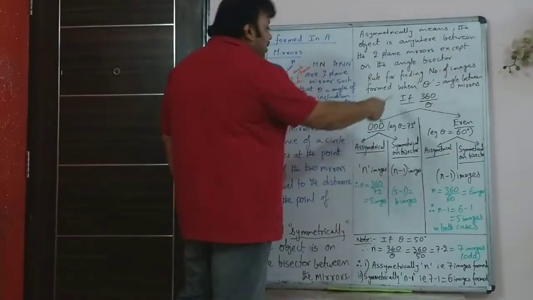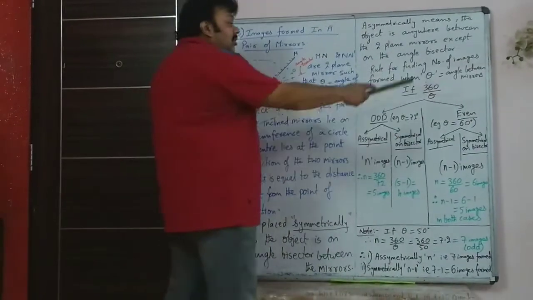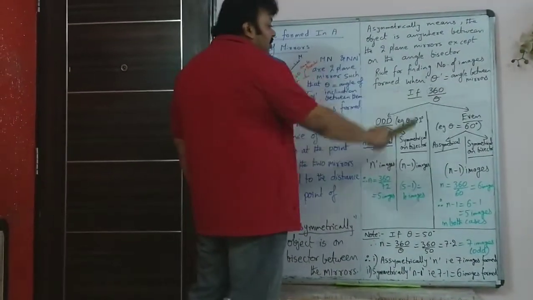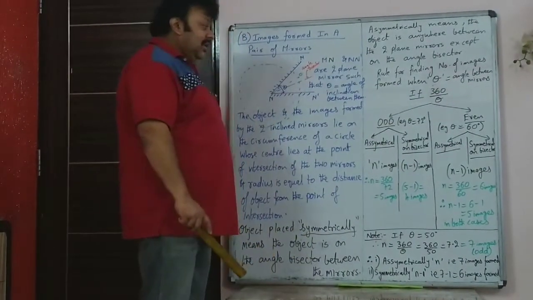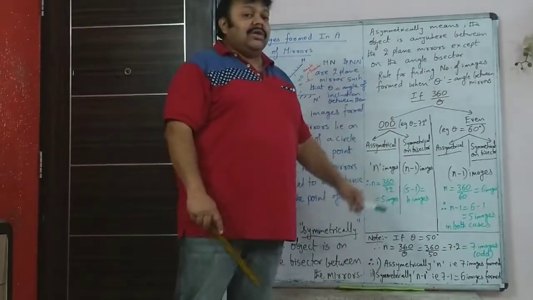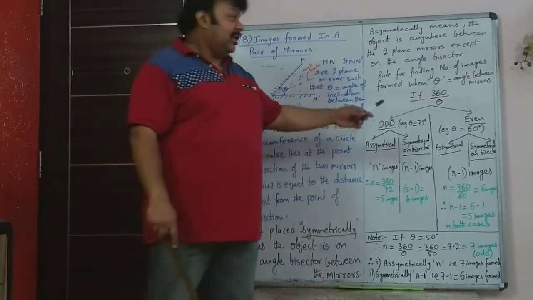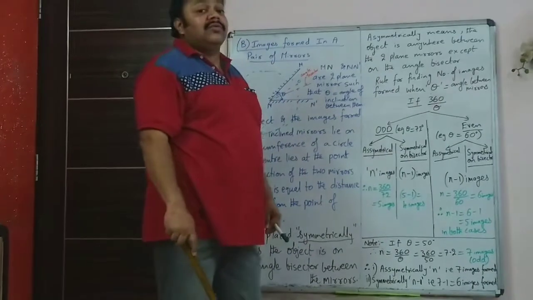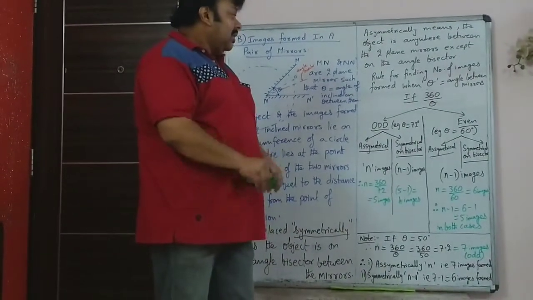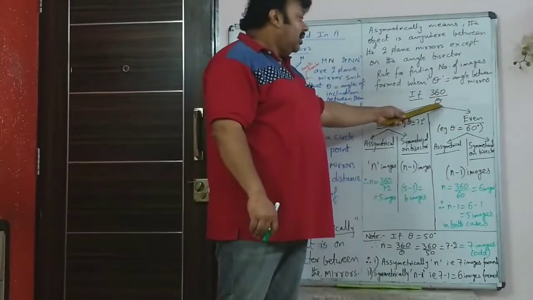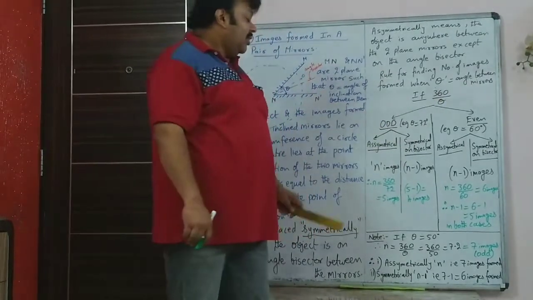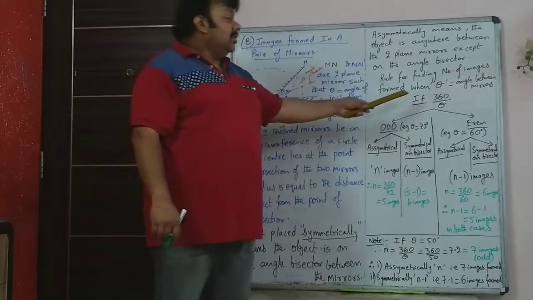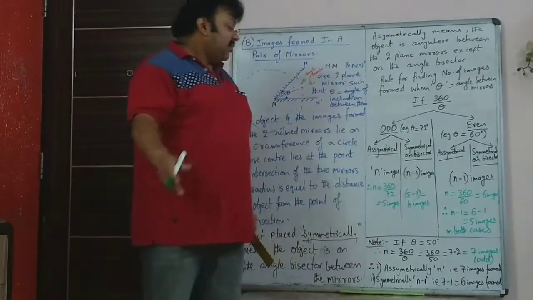Now the rule for finding the number of images formed when theta is the angle between the mirrors. First you will have to see what is 360 upon theta. This 360 upon theta will give you the number of images formed. If 360 upon theta is an odd number, for example, let's say theta is 72 degrees, then 360 upon 72 is 5.